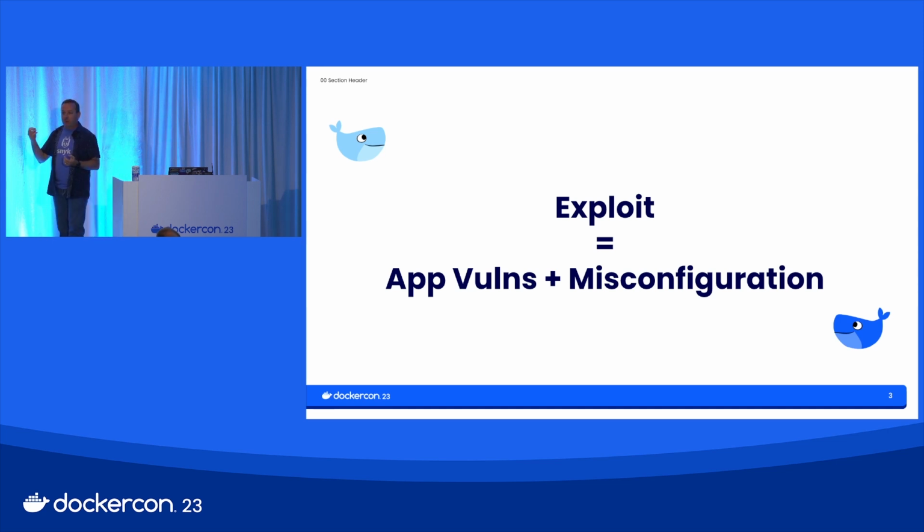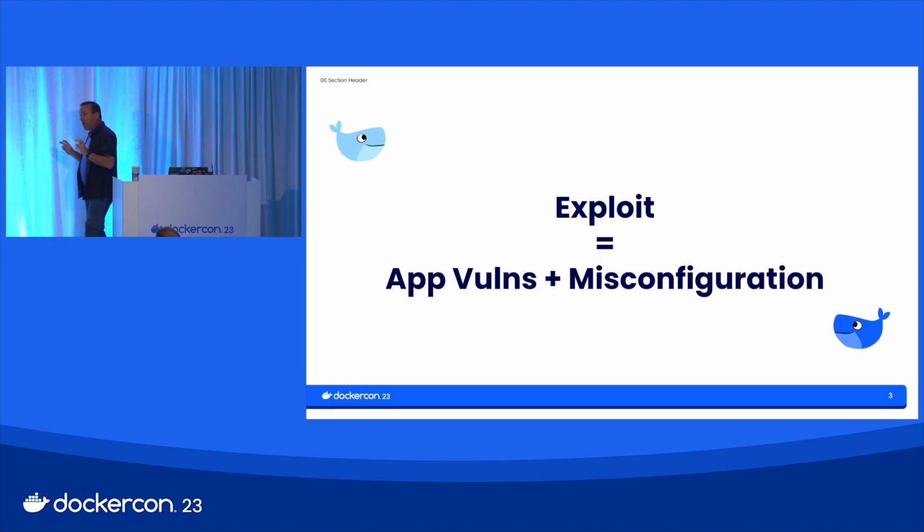Often it starts with an application vulnerability, or a vulnerability maybe in a dependency of that application, whether it be a library or an operating system package or something they can get a latch on, combined with a misconfiguration, whether that be something you made a mistake on or you just took a default that you thought was safe and might not be.